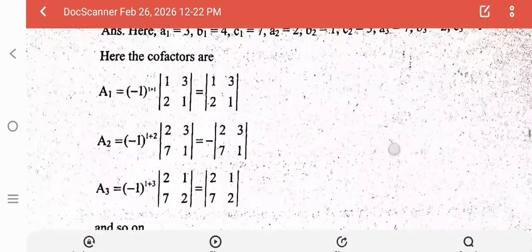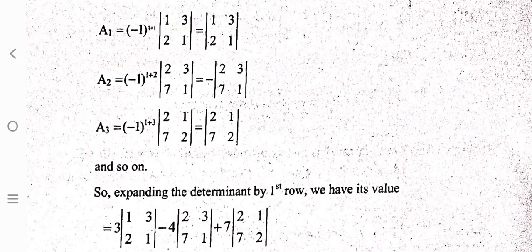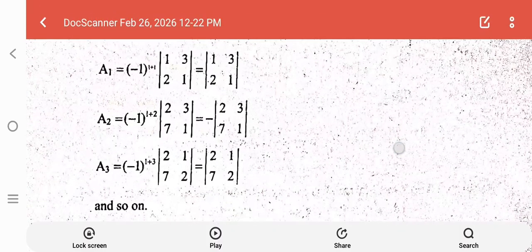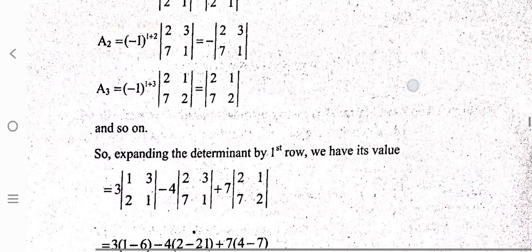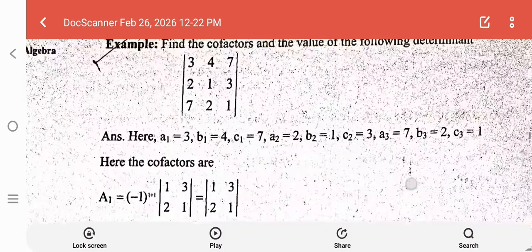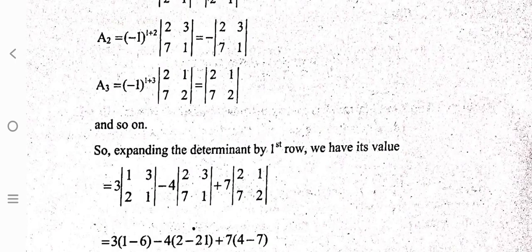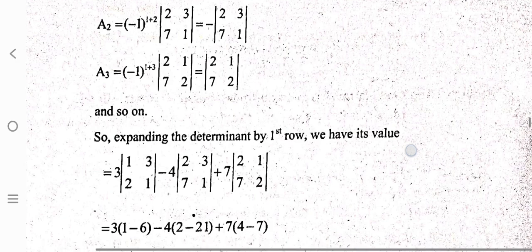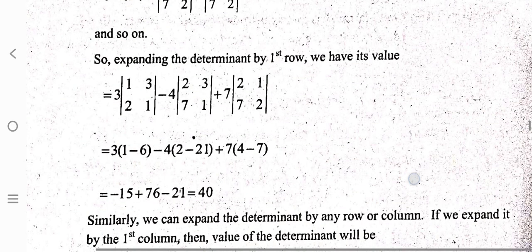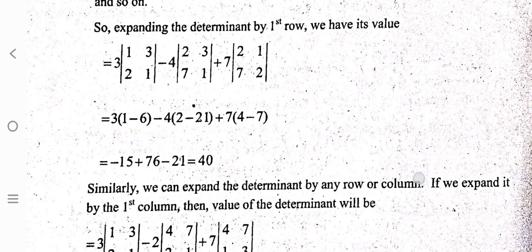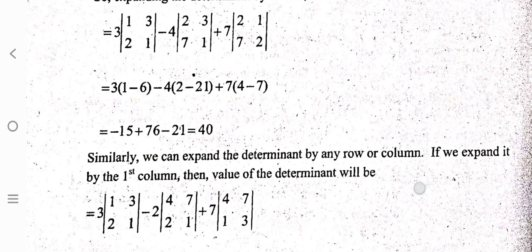So 3, the first element, times its cofactor value, minus, because the cofactor is negative, the second element 4 times its cofactor value, and plus 7 times its cofactor, which involves 2, 1 and 7, 2, right? Now expanding it, we have the value 40.